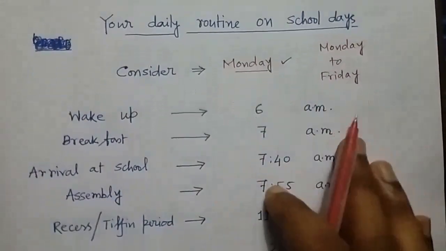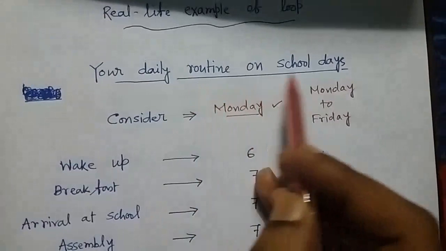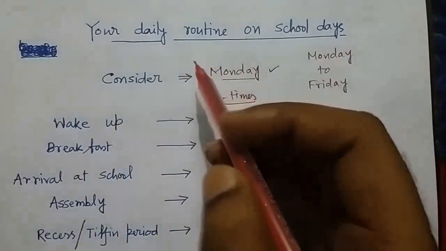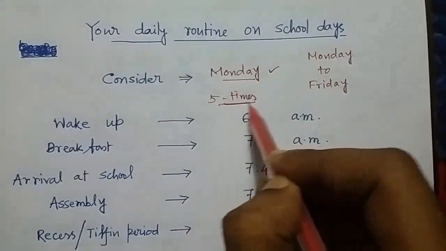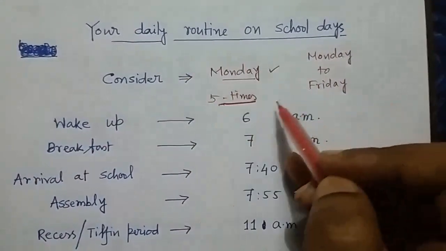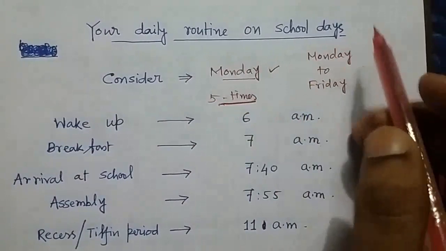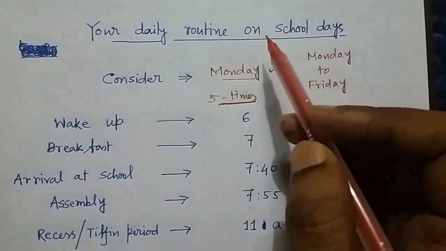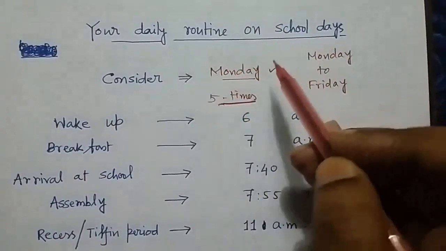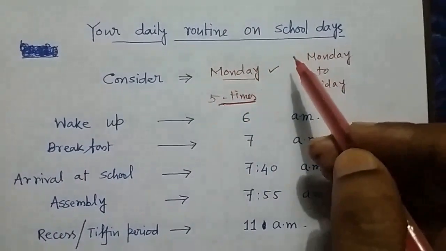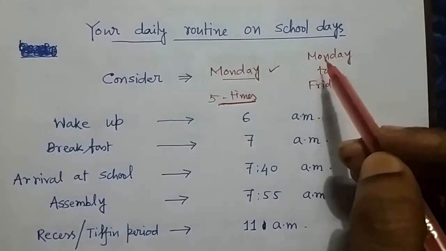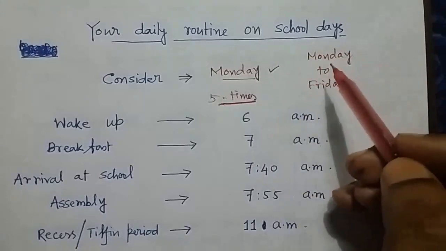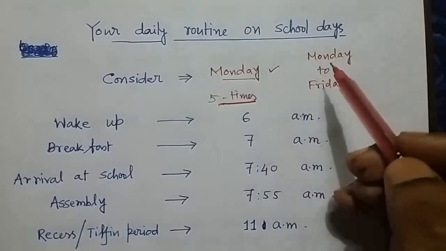So actually, to maintain your daily routine on school days, you are conducting a loop, and this loop you are executing 5 times in a week on the basis of a condition, and the condition is pretty clear. The condition is the school day, the weekday must be a school day. That means the weekday must be Monday or Tuesday or Wednesday or Thursday or Friday.